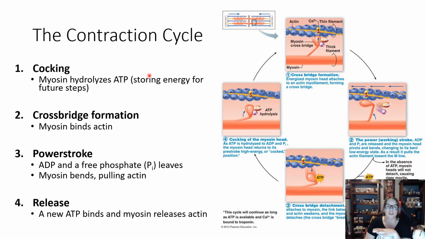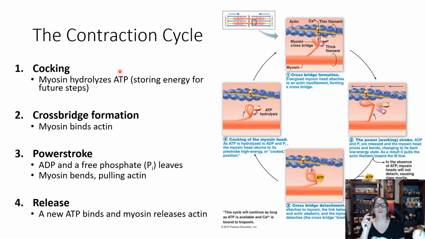So the contraction cycle of myosin and actin is a four-step process. The first thing that happens is cocking. This typically has already occurred prior to any inclination that you're going to contract the muscle. Actin and myosin really want to be together. But remember, we have troponin and tropomyosin that are not allowing that to happen. They are regulatory proteins that prevent unnecessary connections.